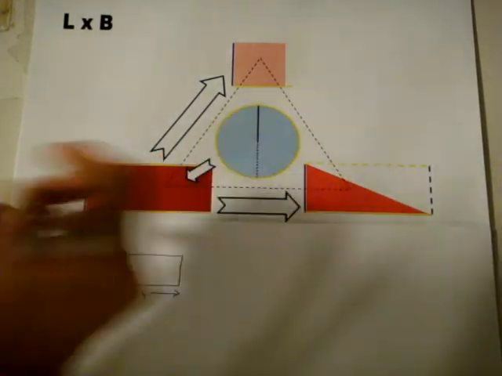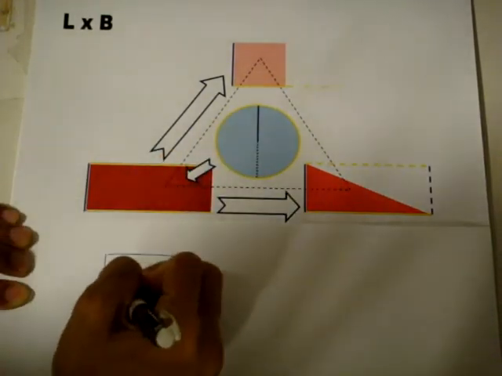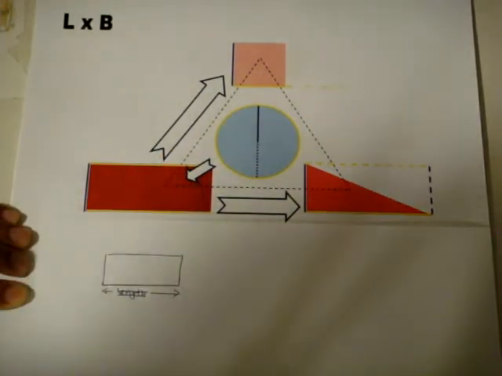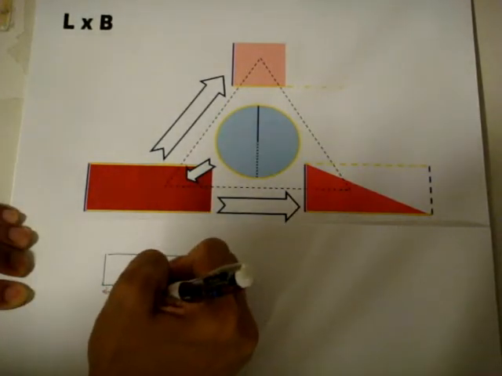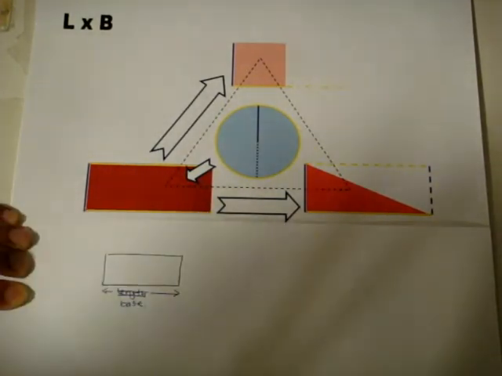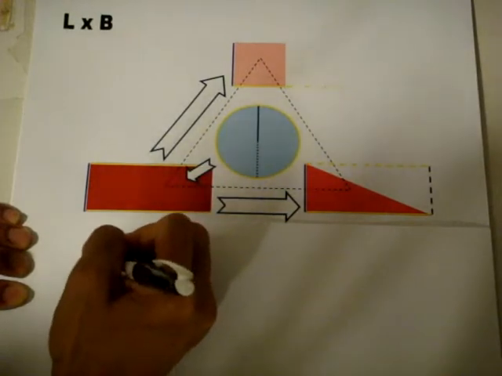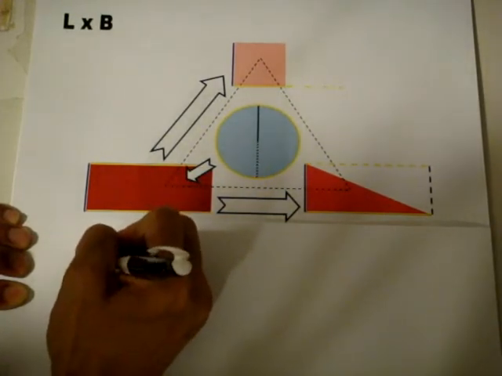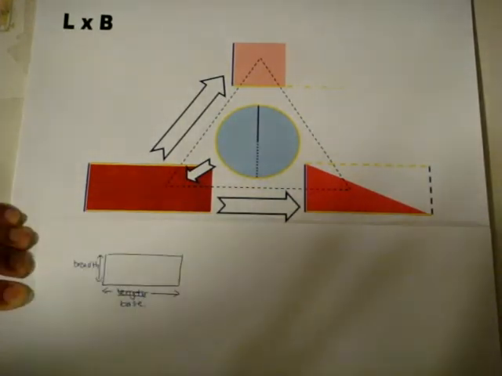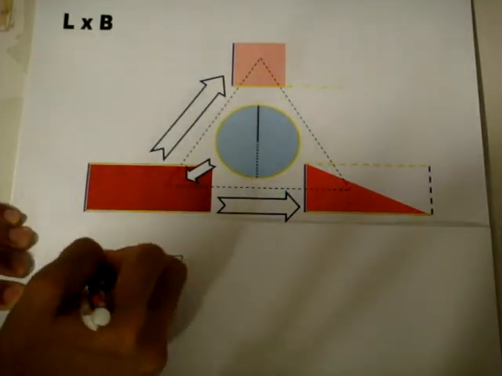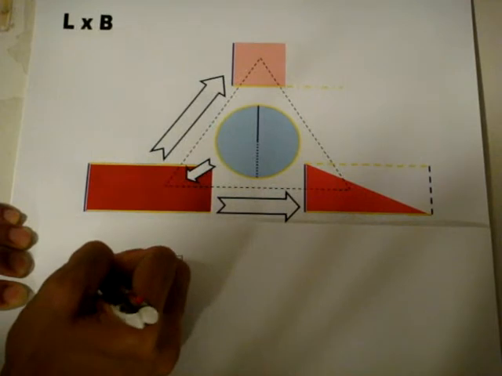When it becomes the shape of a triangle, this is no longer called length. It is called the base. This side of the rectangle we call the breadth. When it comes to a triangle, it becomes the height.